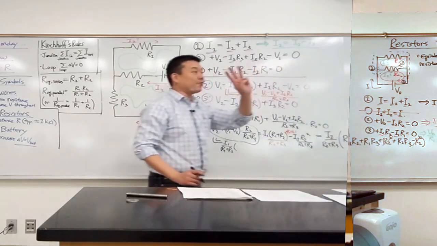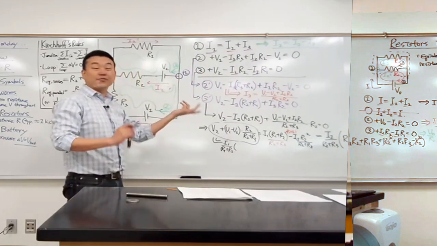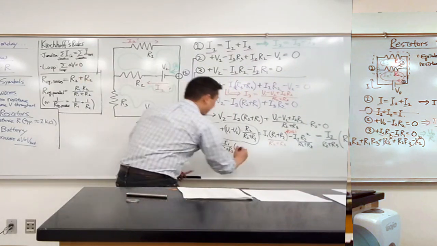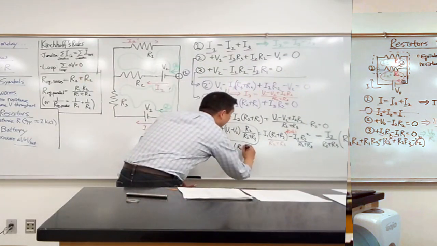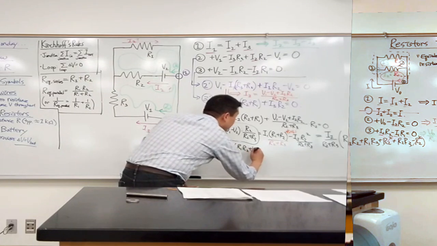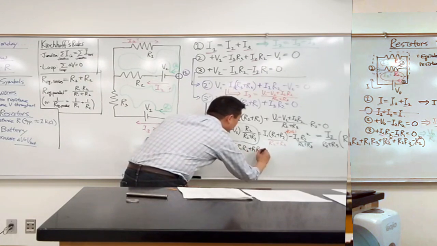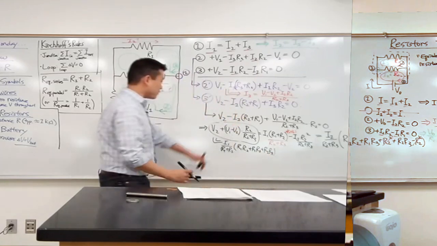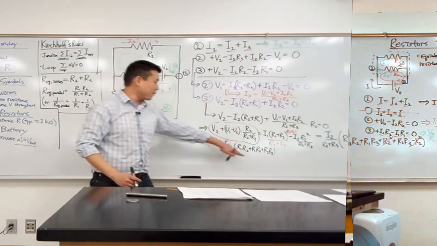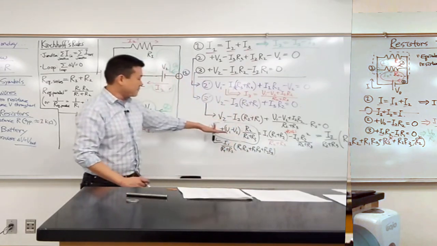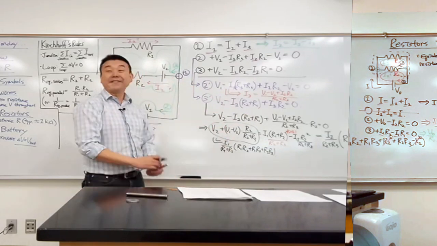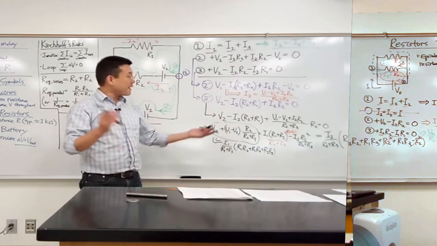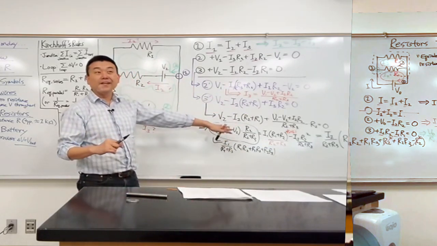These three terms are all three possible pairs of R1, 2, and 3, so it's easier to remember that way. R1 R2 plus R1 R3 plus R2 R3. And to actually solve for I1, I would have to divide both sides by this, and then that'll be I1. And I guess I'm kind of out of space, so I'm going to leave it there.